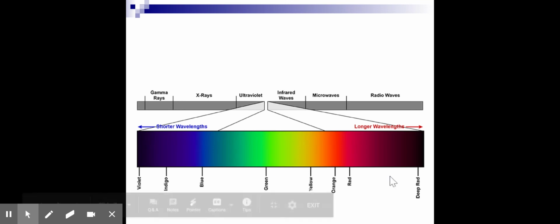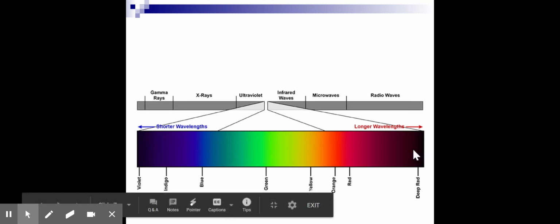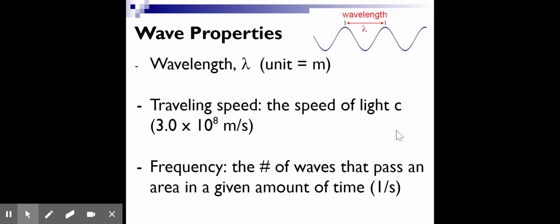Now let's think about the visible light. We know that the visible light has different wavelengths. When we divide by lambda, for the longer wavelengths, when we divide a number by a bigger number, this E would be smaller. And that means the red color contains the least amount of energy.